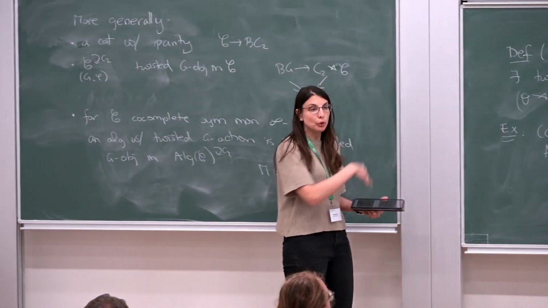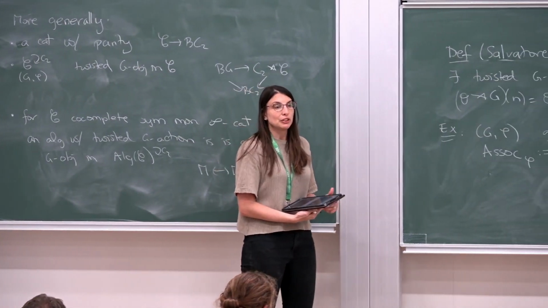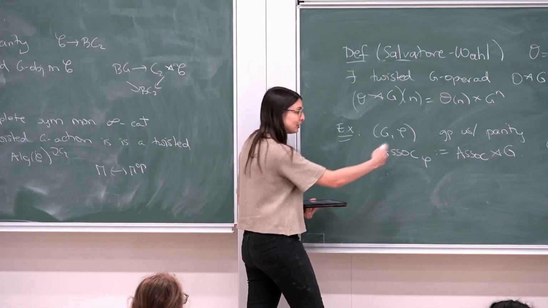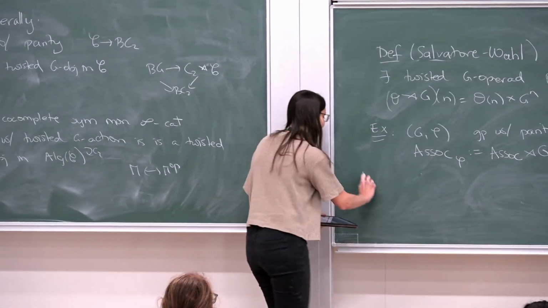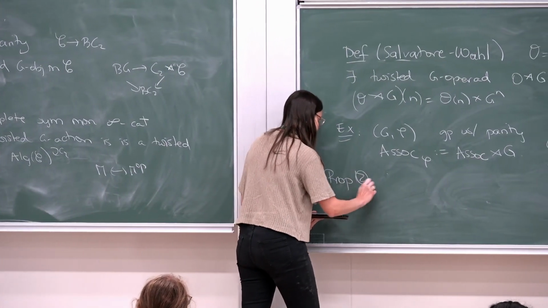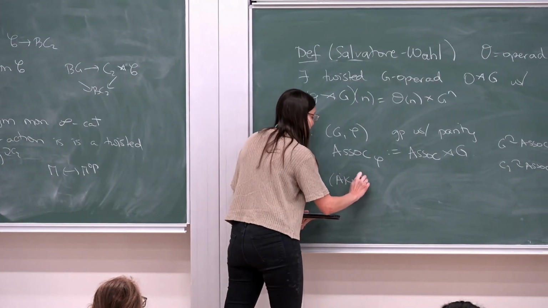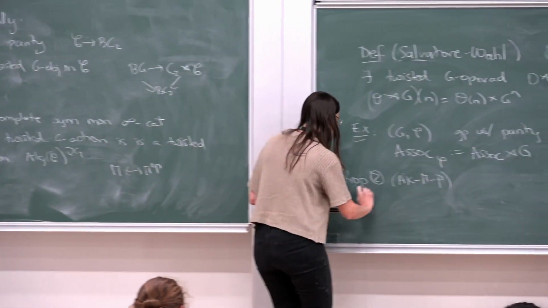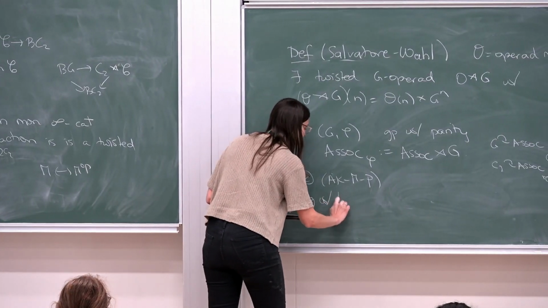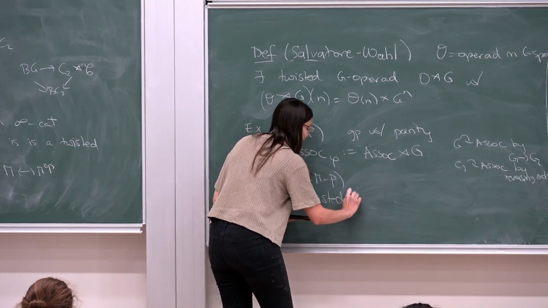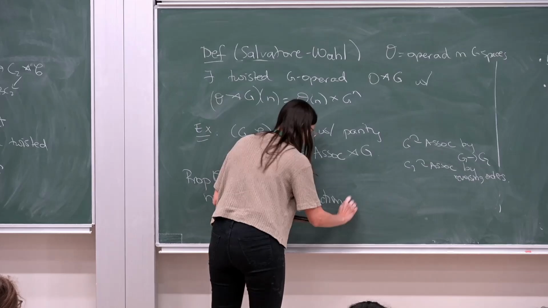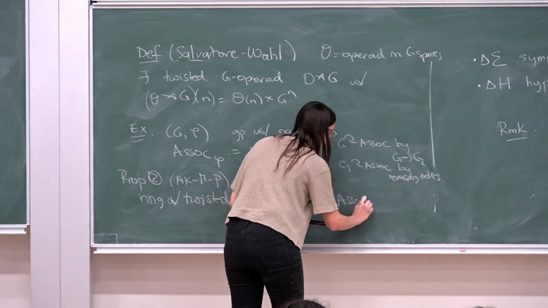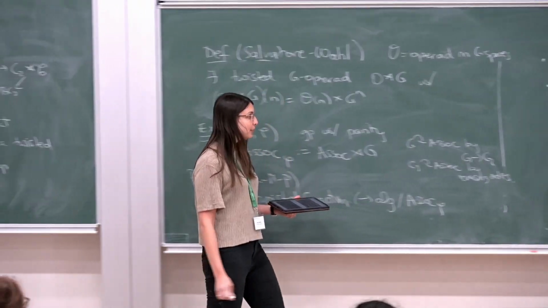Okay, so with those definitions, we make this definition with these specifications, and now the second technical result that we will need is that a ring with twisted G action, in the sense that I defined, is exactly an algebra over this operad assoc phi.